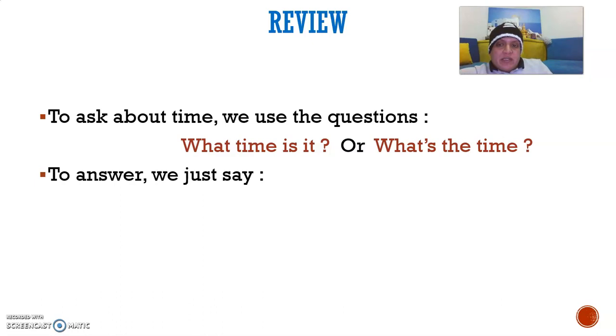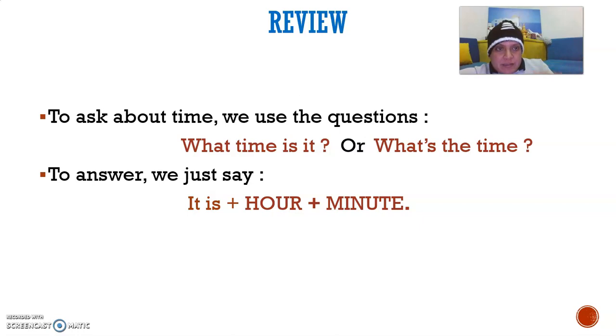We just say it is plus the hour plus the minute. For example, it's 4:30. It's 3:50. This is a very simple way of telling time. And today we will see a new way of doing that using two important words, past and to.